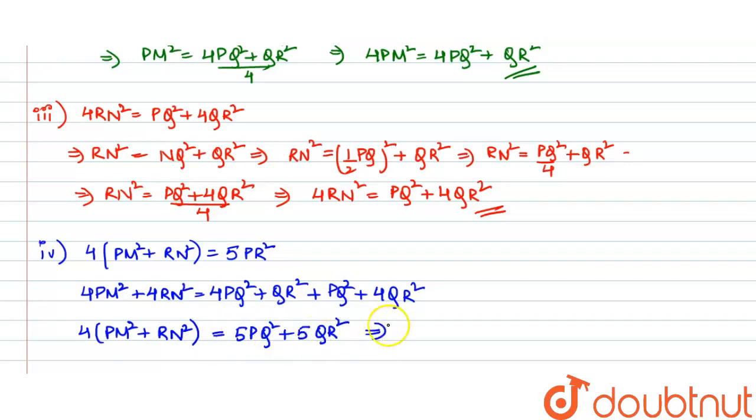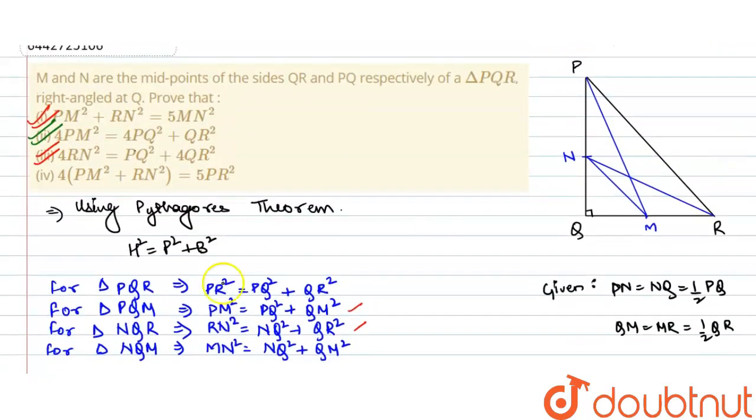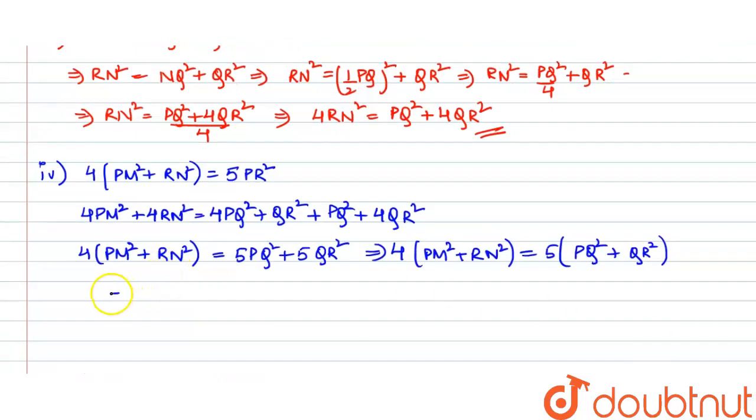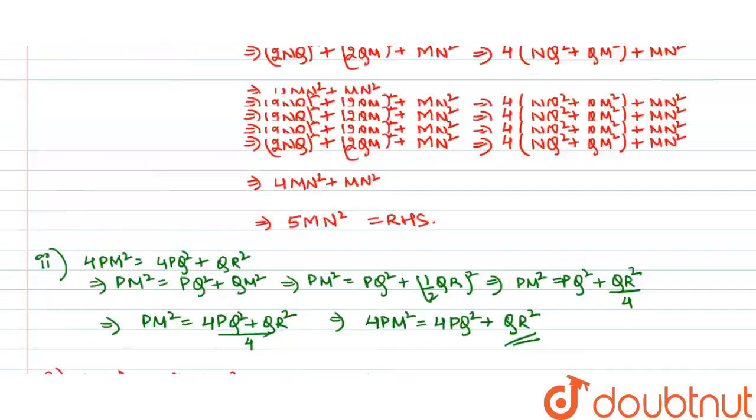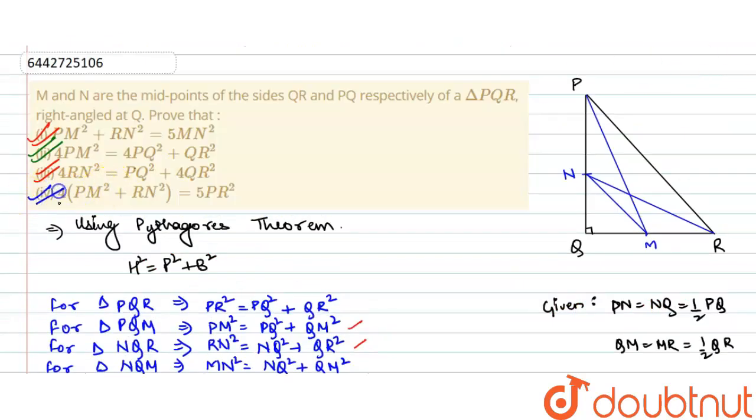Now I will take this 5 common, so 4 of PM square plus RN square is equal to 5 into PQ square plus QR square. Now this PQ square plus QR square is equal to PR square. So therefore the equation comes out to be 4 into PM square plus RN square is equal to 5 of PR square. So the fourth equation is also proved, and therefore all the parts have been proven.